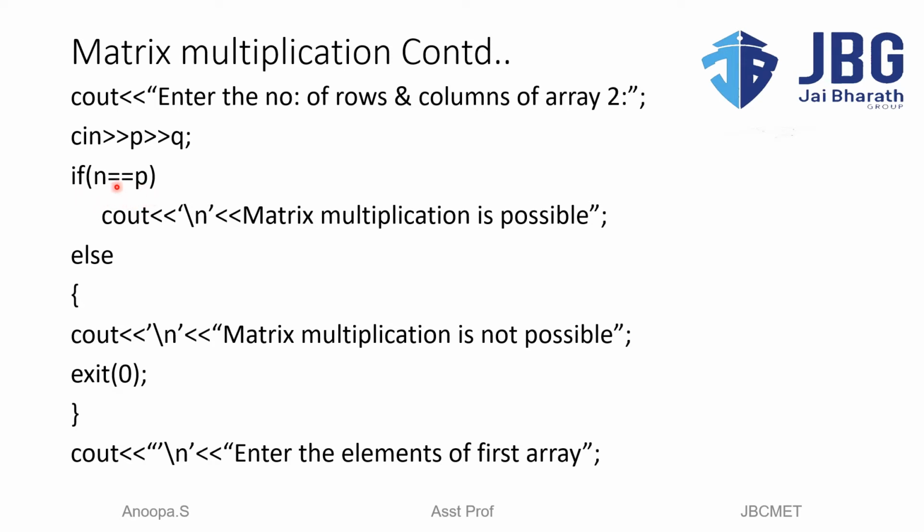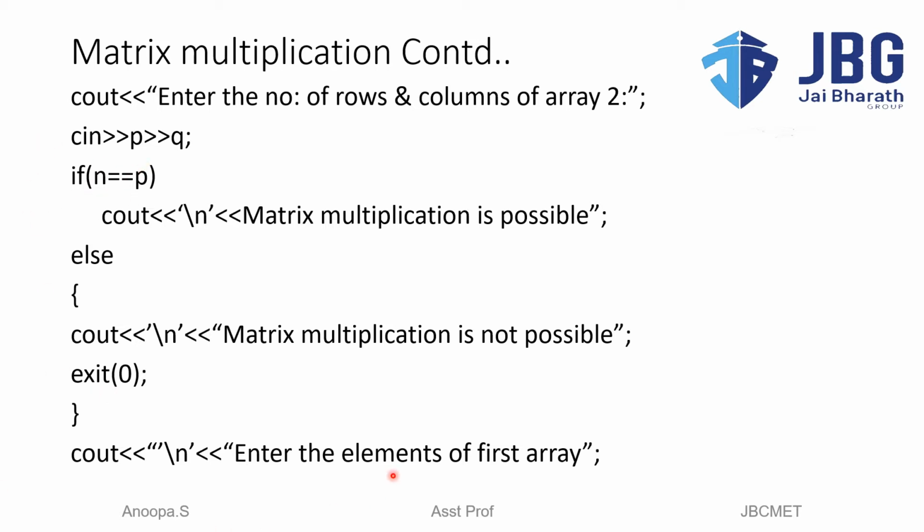If it matches, then we will display the message matrix multiplication is possible. If the condition is false, we will output the message matrix multiplication is not possible and we will exit from the program.